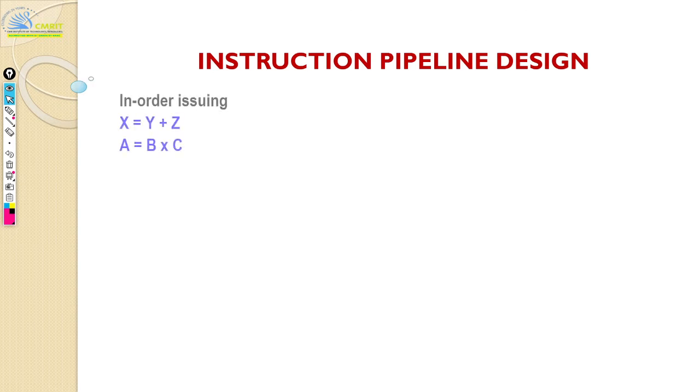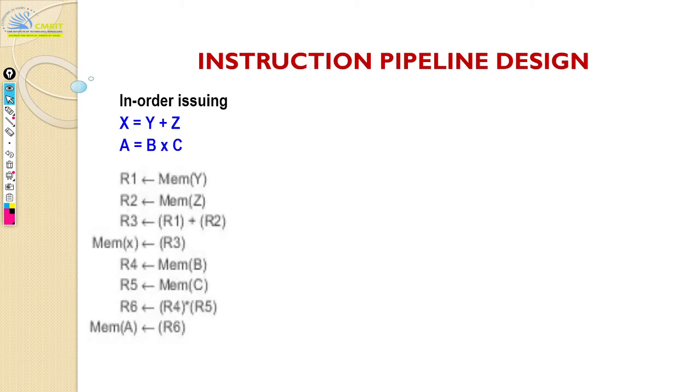Now, we just saw two things: one is in-order issue and then out-of-order or reordered issue. So we will take a very simple example: x equals y plus z, and then a equals b times c. Now these are just two lines in your high level program. If you convert this to a machine equivalent, a machine readable sequence, it's going to look like this.